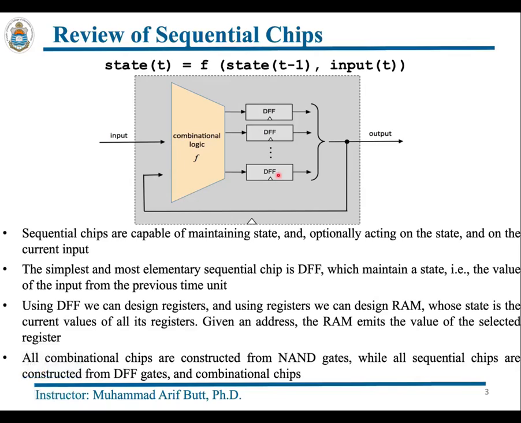There are different types of flip-flops that we talked about in the previous session, but for designing all the sequential chips like registers, counters, RAM and so on, we will be using the simplest and the most elementary sequential chip called the D flip-flop. The D flip-flop just maintains a state, that is, it just stores a single bit of input from the previous time unit.